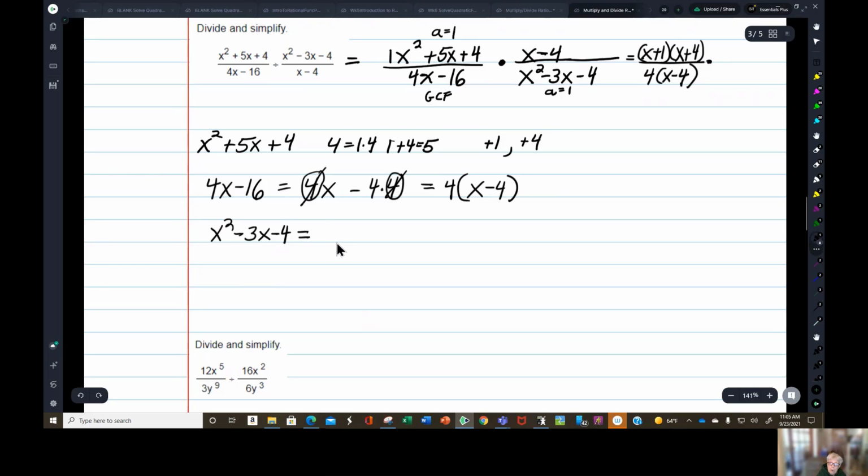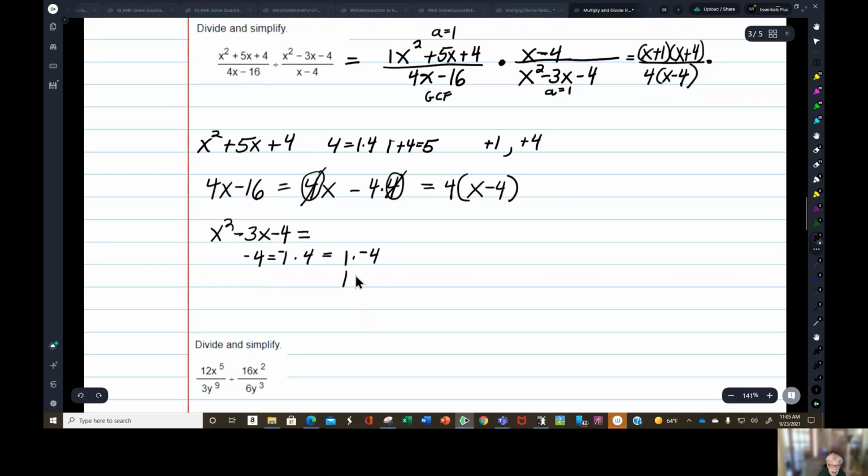Now, 4 equals 1 times 4. So I shouldn't be putting that equals there yet, but I'll just come down here. 4 equals 1 times 4. But negative 4 equals negative 1 times positive 4, and positive 1 times negative 4.